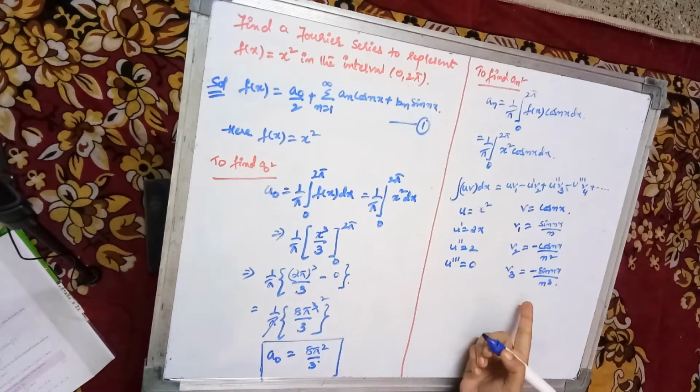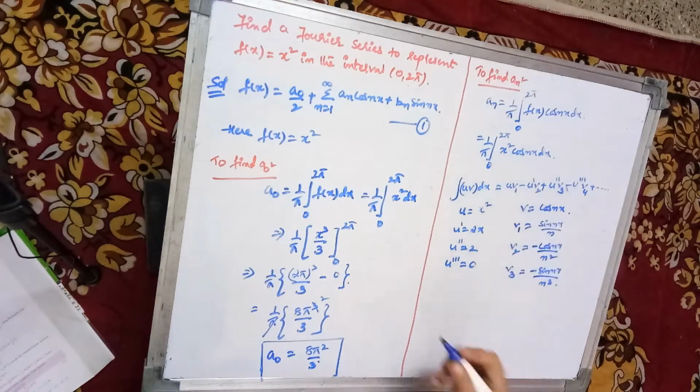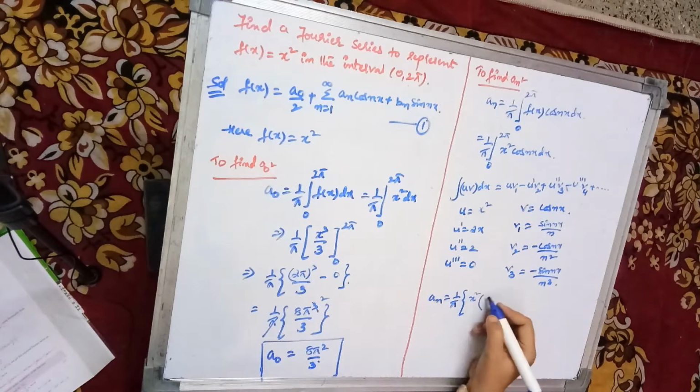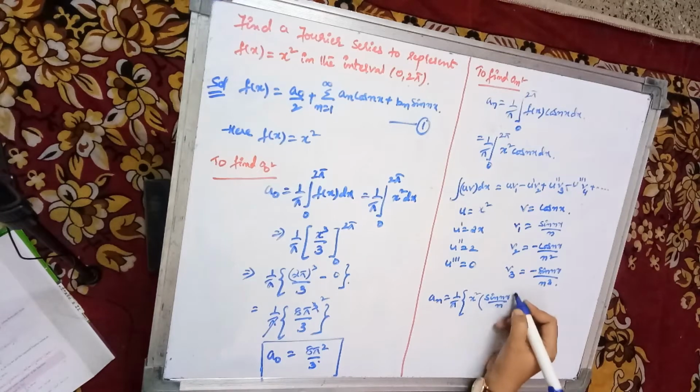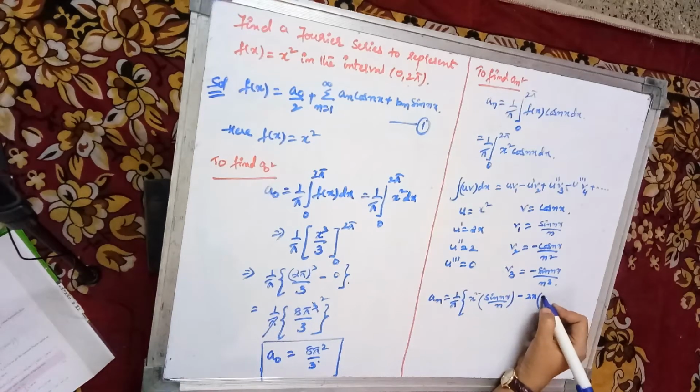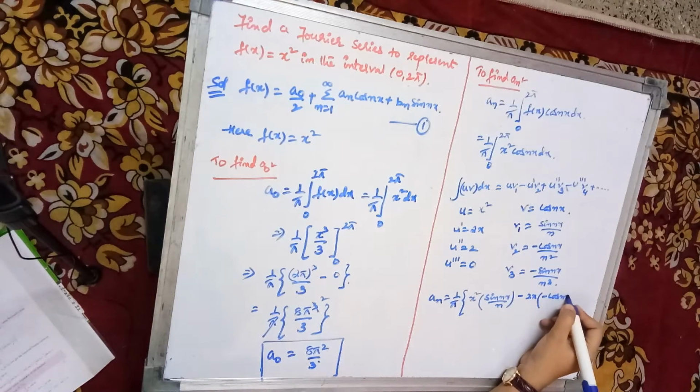We will substitute all the values in the formula. What are you going to get? an is equal to 1 by pi of u is equal to x square, v is sine nx by n, then minus u dash, which is 2x, and v2, which is minus cos nx by n square.